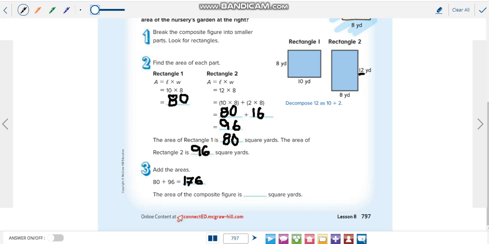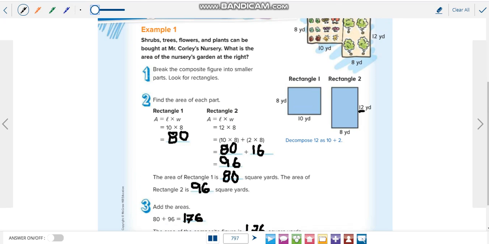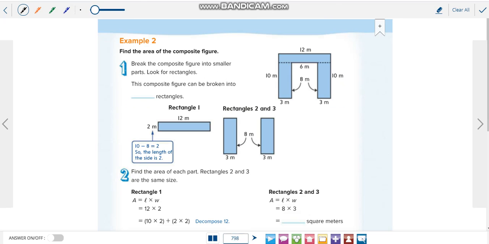The area of the composite figure is 176 square yards. Great. So now we are in example number 2. It says find the area of the composite figure.